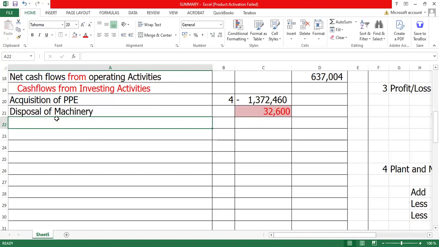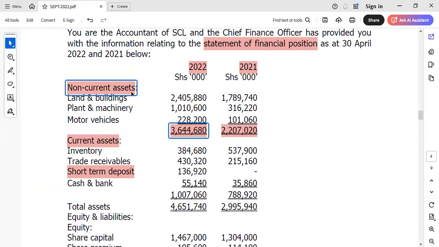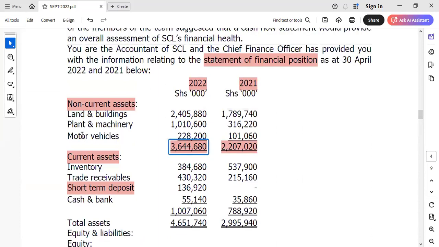Do we have any other? When you look at our question, those are the only things we have, because when you go to the balance sheet under non-current assets, you have land, machinery and motor vehicles.